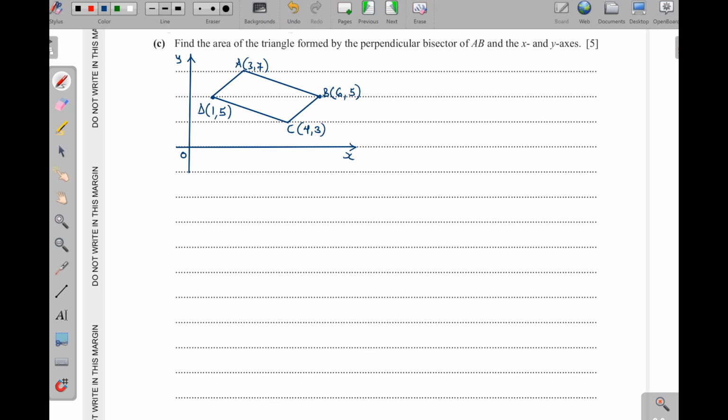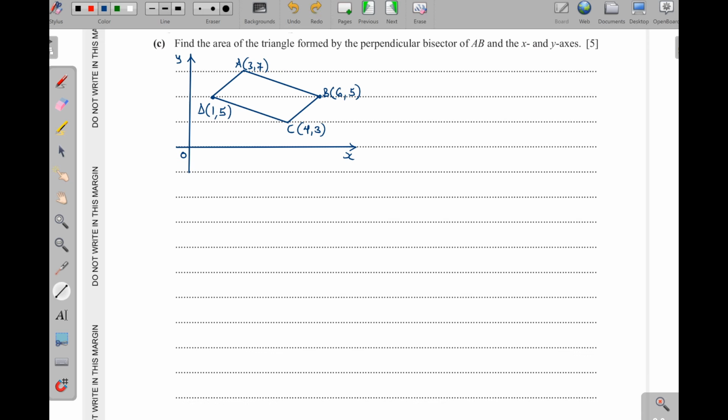X. Now, they said we find the area of the triangle formed by the perpendicular bisector of AB, the x-axis and y-axis. So the perpendicular bisector of AB then has to be like that.